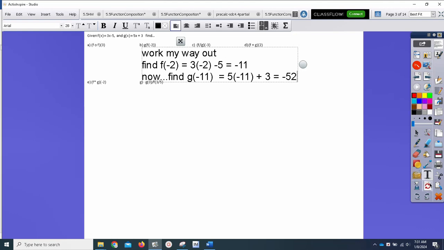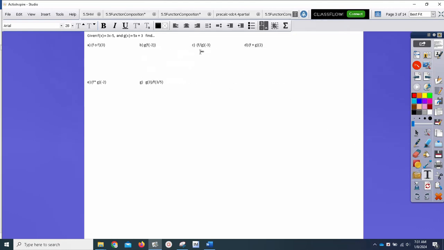All right, now we're moving on to example C. C is f over g of negative 3. This is f of negative 3 divided by g of negative 3. So somewhere off to the side, I find f of negative 3, and f is 3 times negative 3 minus 5, which is negative 14.